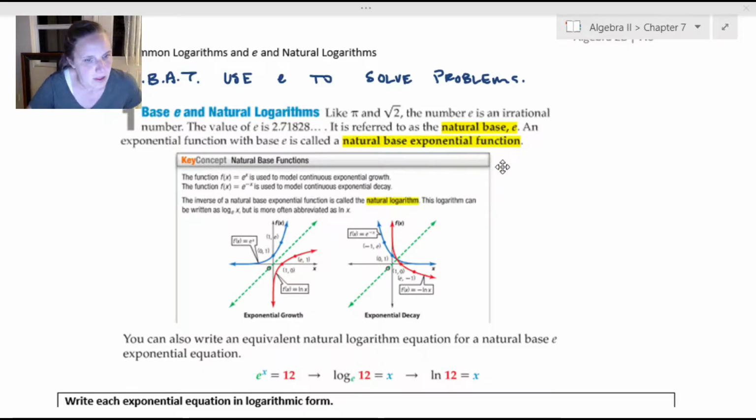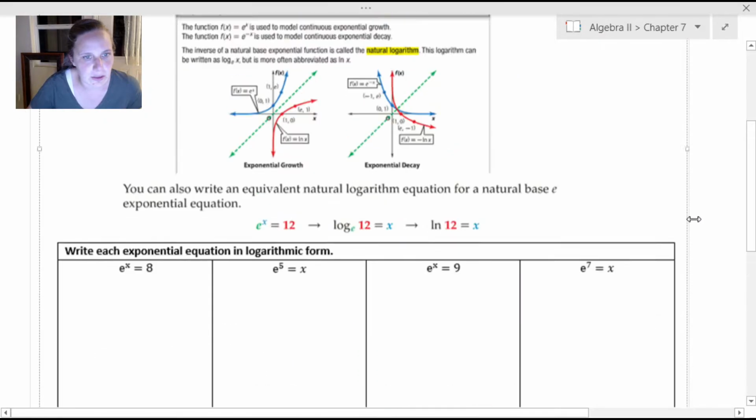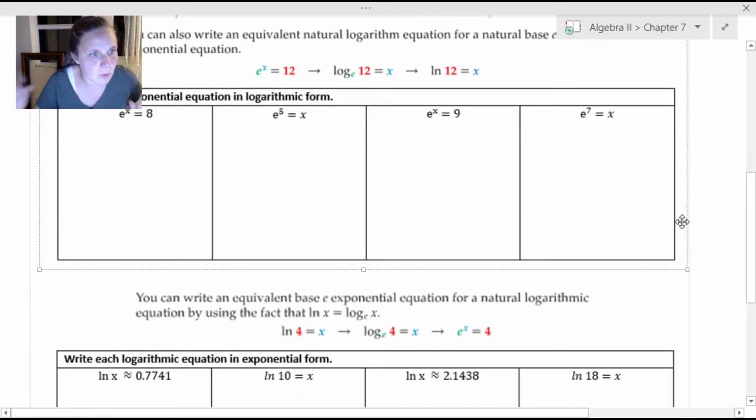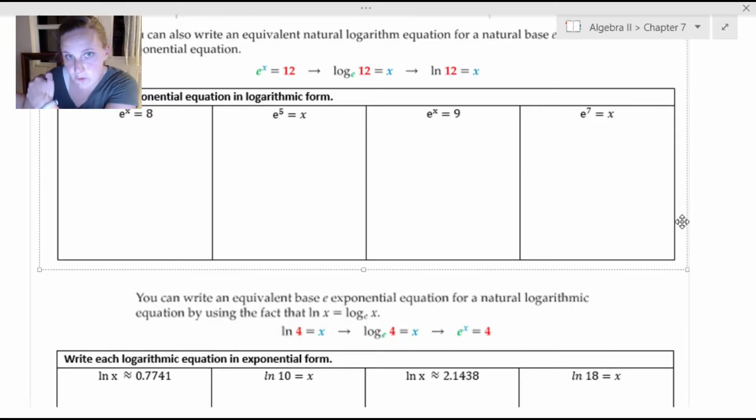Okay, so the first thing we're going to practice is writing e's in logarithmic form. So when we see e to the power of x is equal to 8, just like we can change exponential form into logarithms, we can change e's into logarithms, and it's actually called the natural log.